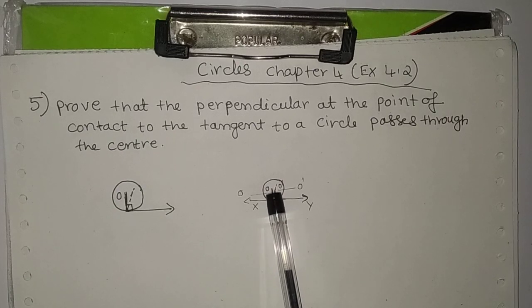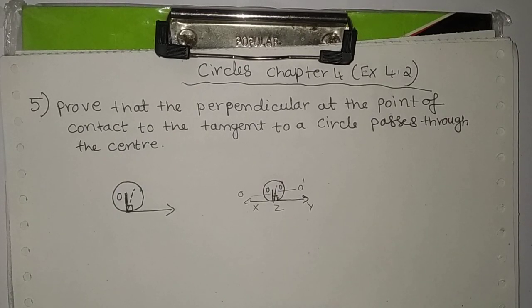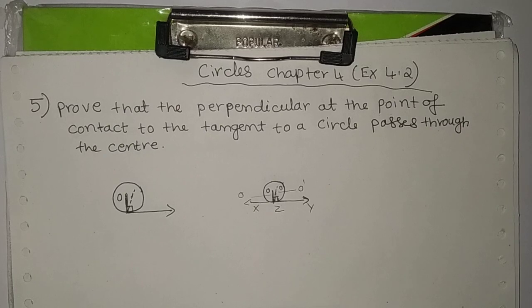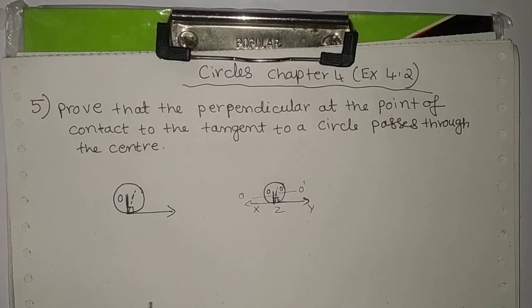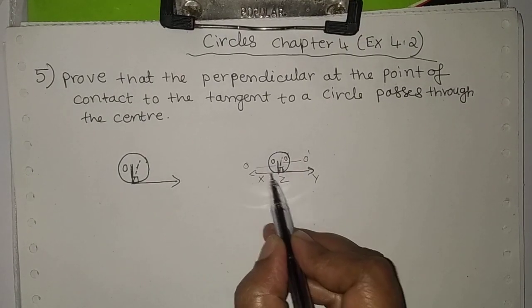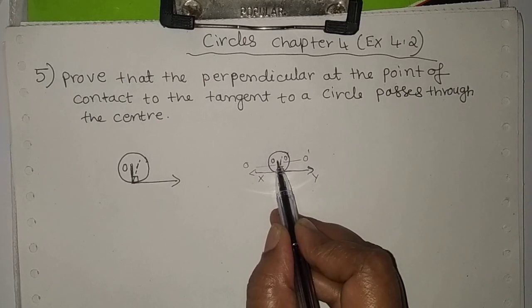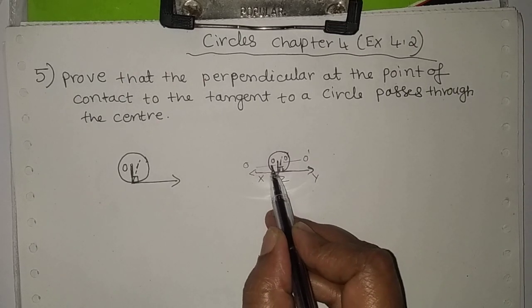So this is the center. For the solution, first write the circle, then a tangent, then the line to the center of the circle.